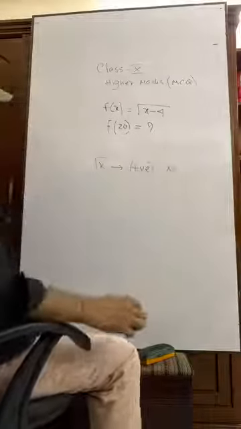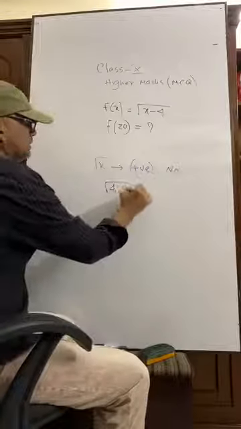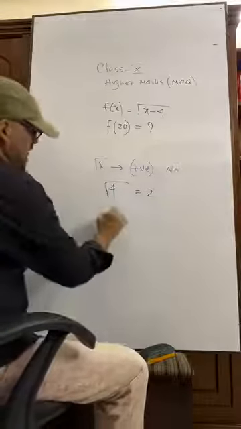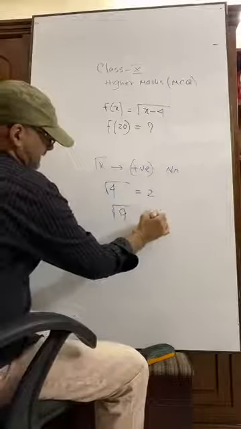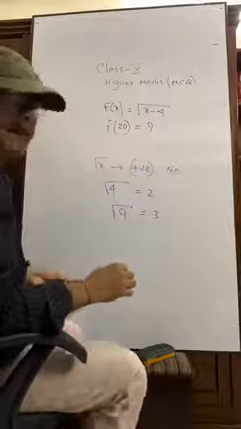Root over 4 is 2. Root over 9 is 3. But the question may be raised.